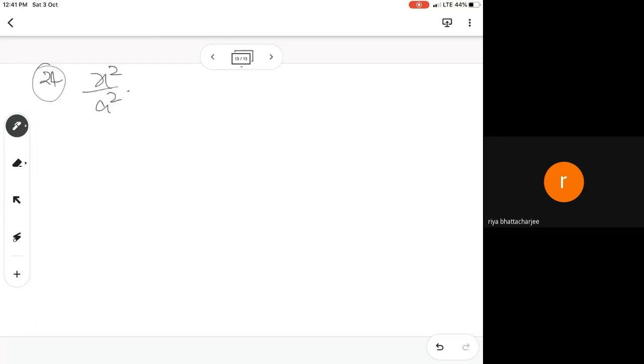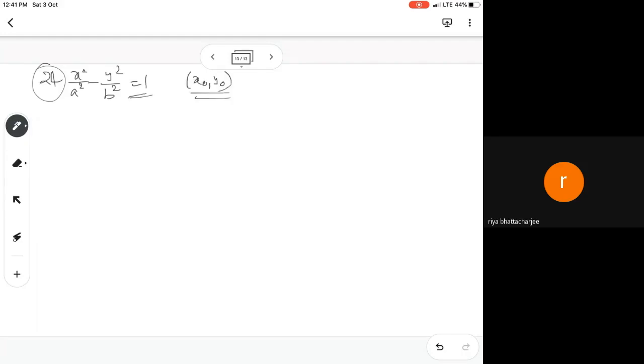x square by a square minus y square by b square is equals to 1 is the equation of the curve. So to this you have to find out at the point x0 y0.